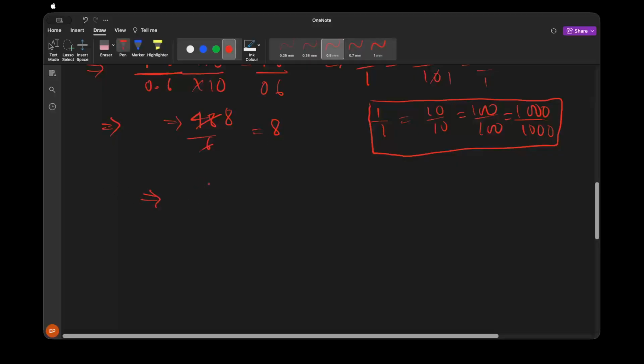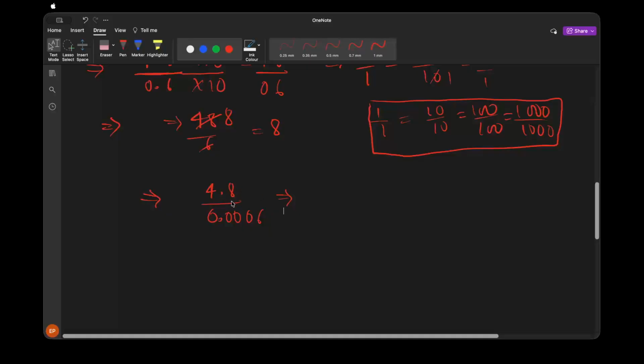Let me take another example: 4.8 divided by 0.0006. Now which number do we have to multiply on both sides, numerator and denominator? Let me tell you. Here, how many digits are there after the decimal?